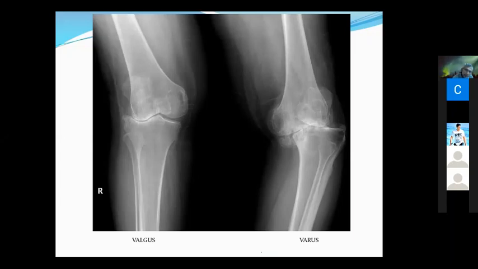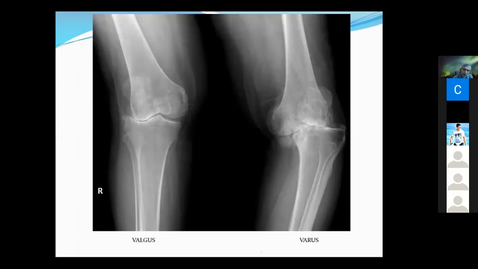In both these knees, the first thing to notice is whenever there is a severe deformity, by severe deformity, I mean anything which is, say, more than 20-25 degrees, valgus or varus, can you keep the PCL? No, sir. Yeah, usually you have to release the PCL as well.